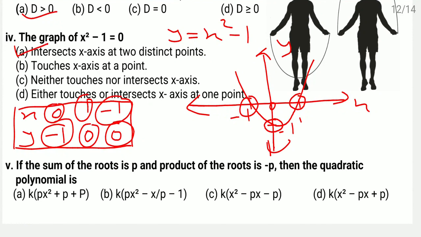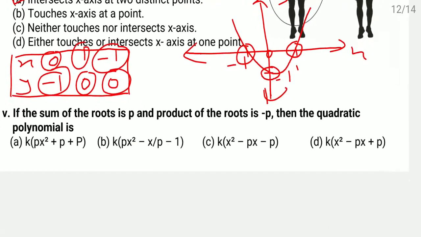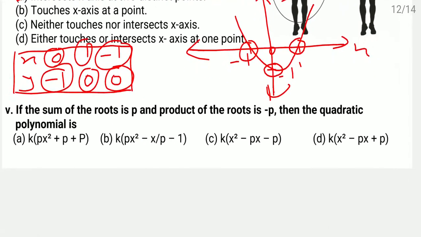Come to the fifth question. They said if the sum of the roots is p, that means alpha plus beta is p, and the product of roots is minus p, so alpha into beta is minus p, then the quadratic polynomial is.